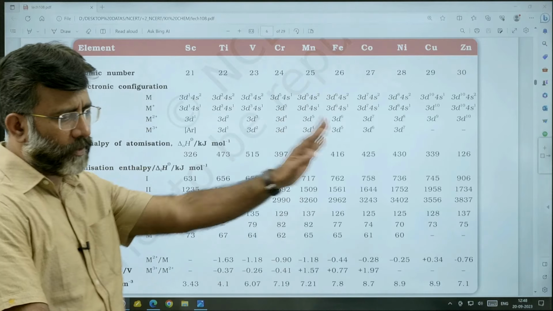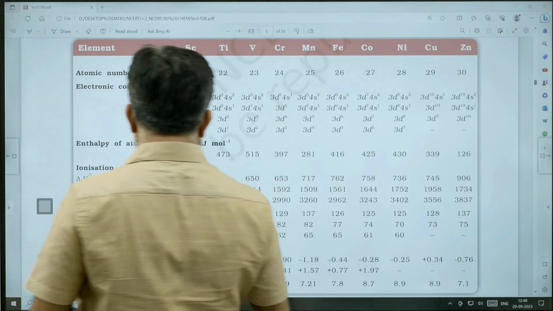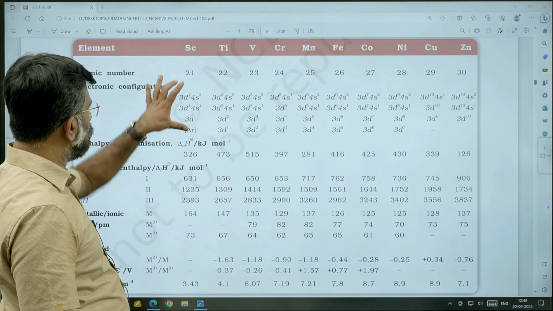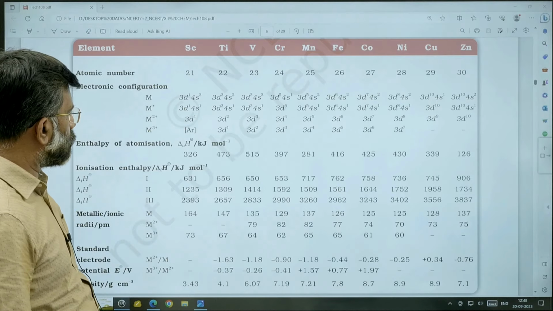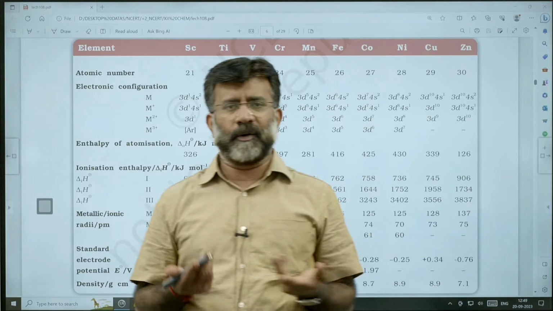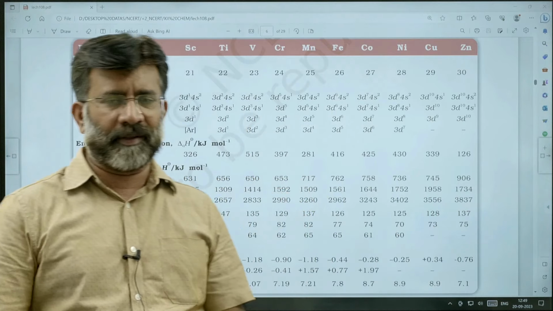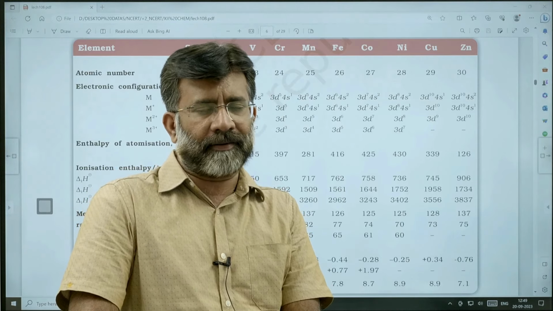And the tripositive ion is a noble gas system. Scandium tripositive ion will be a noble gas system. Tripositive ions for copper and zinc are not available. They give only monopositive or univalent or divalent character.